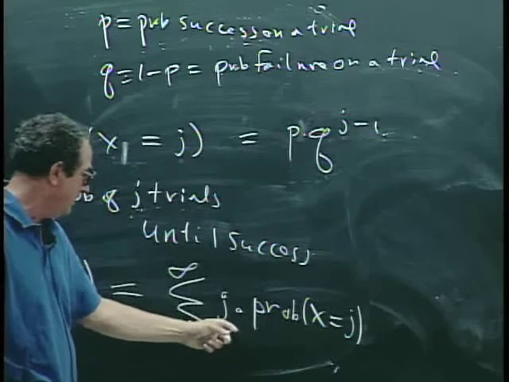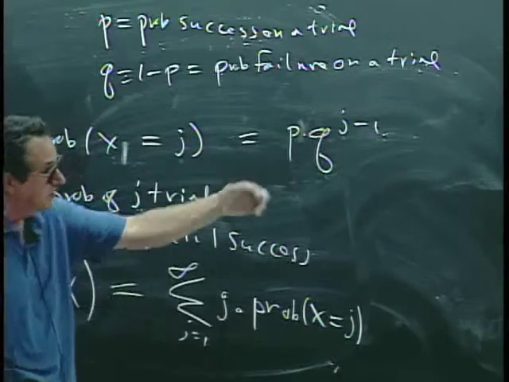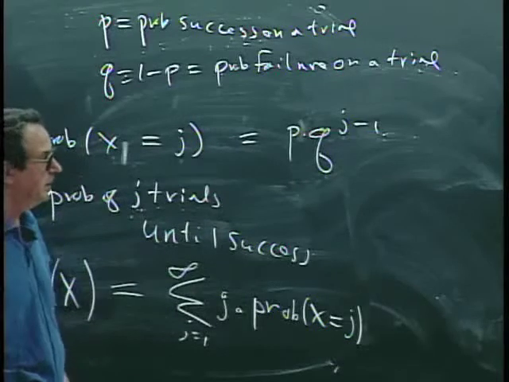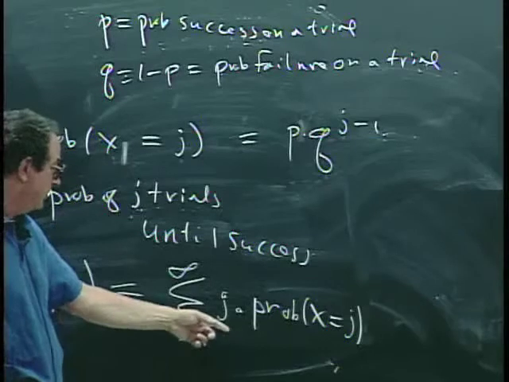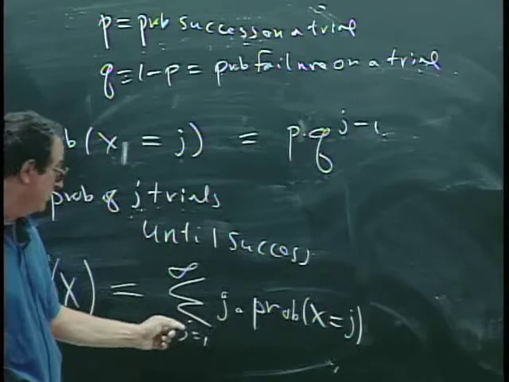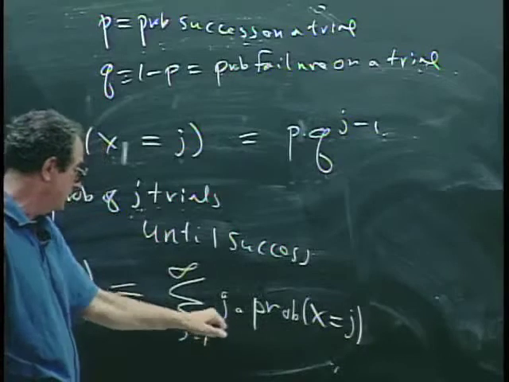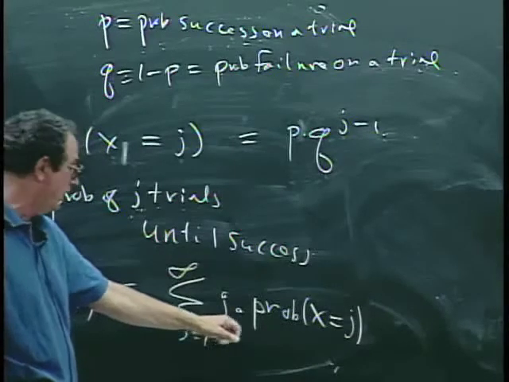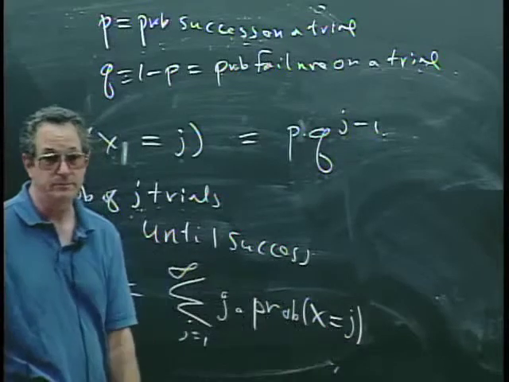But each time, if you did the empirical thing, you'd be taking the average of what you actually observed. But analytically, it should converge to this: the sum over all the possibilities of j, each time multiplied by the probability that x equals j.